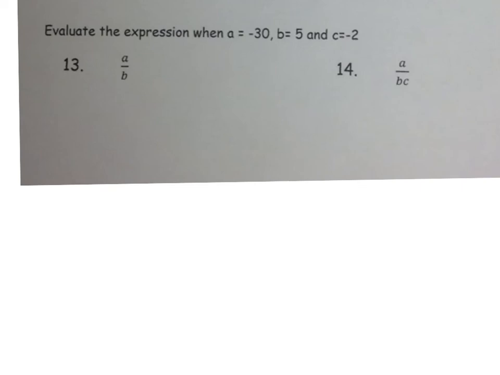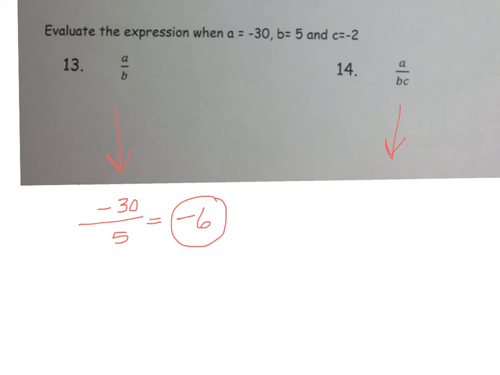Finally, we have a little bit of evaluating expressions. On number 13, they tell you that the value of A is negative 30 and the value of B is 5, and then you simplify or do the division. Negative 30 divided by positive 5 is negative 6. A divided by B over C. Pause the video and substitute in.